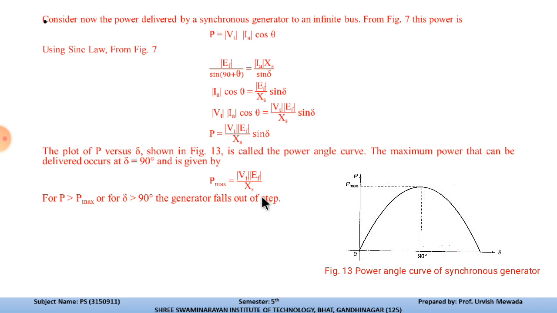For a large change we can change the speed of the synchronous generator, but for small load changes we can change the excitation, meaning the rotor field current, and maintain the terminal voltage. And the maximum power P max we get when we keep the excitation angle delta equal to 90.